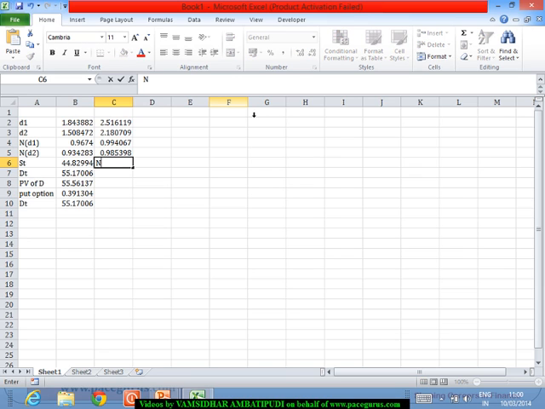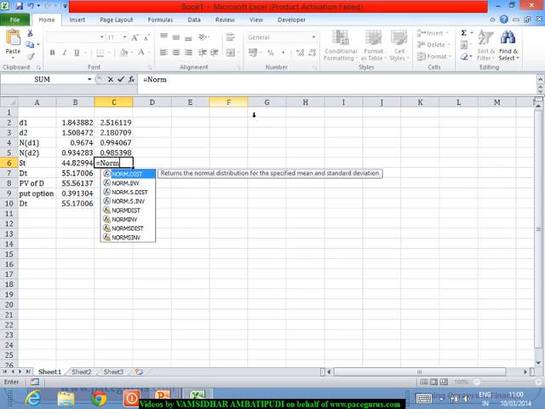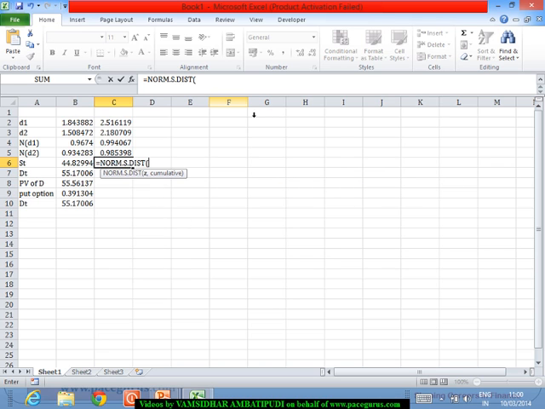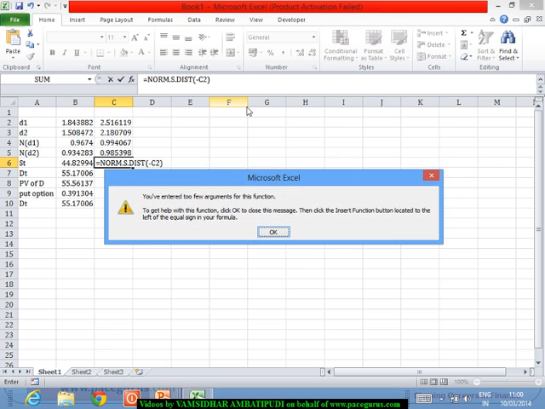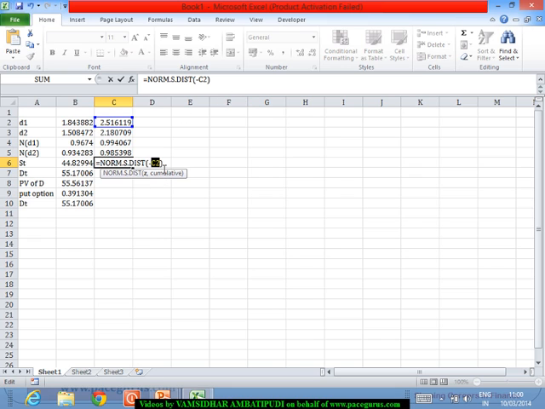If I am looking at N of minus d1, the same logic applies. N of minus d1 will come out to 0.005, which is nothing but 1 minus N of d1.